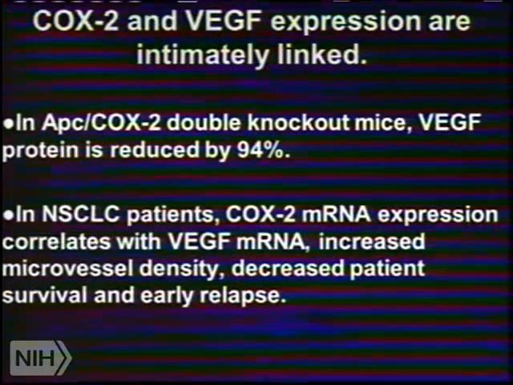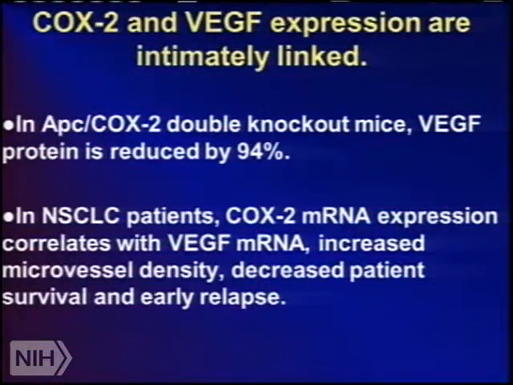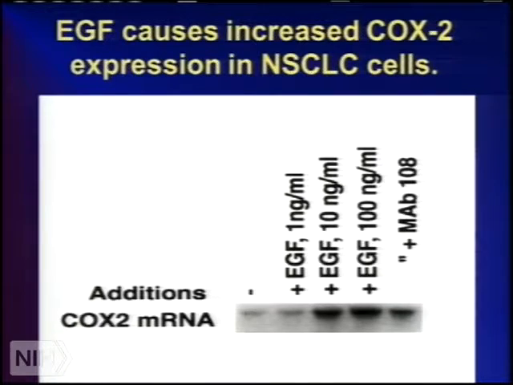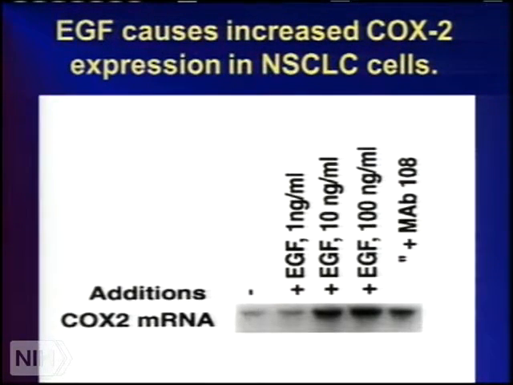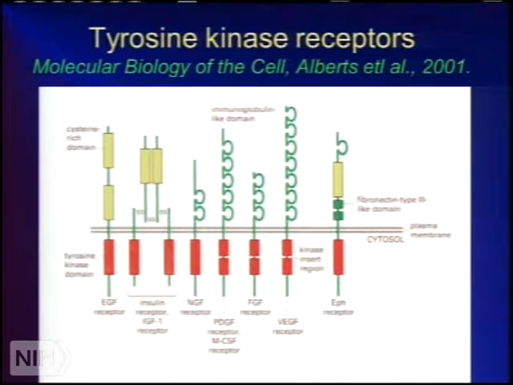So COX-2 then is intimately involved in VEGF production and angiogenesis. So looking at the COX-2 then, we found that it could be induced by EGF. So we started looking then at what the EGF receptor was doing in these cancer cells.